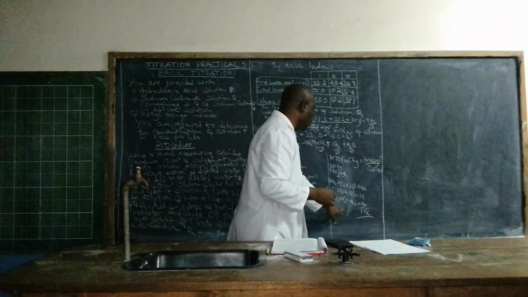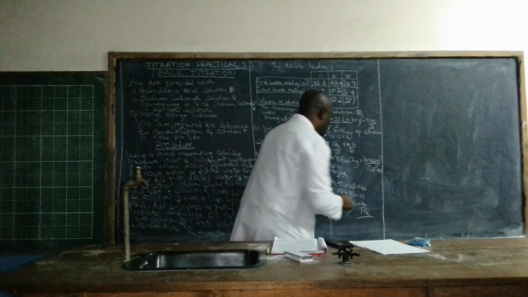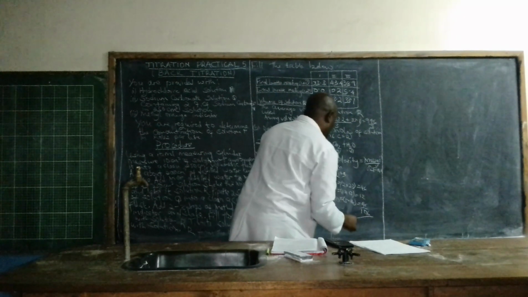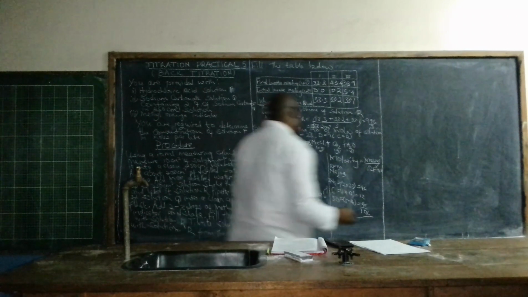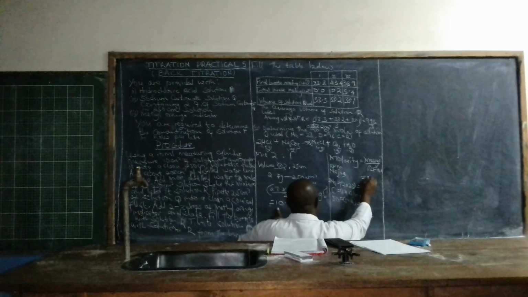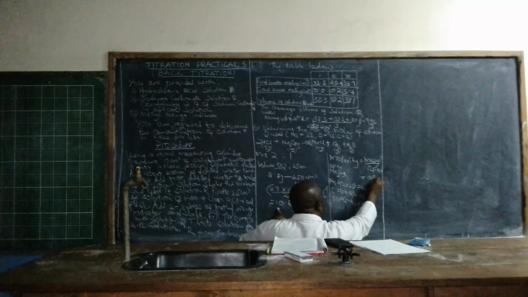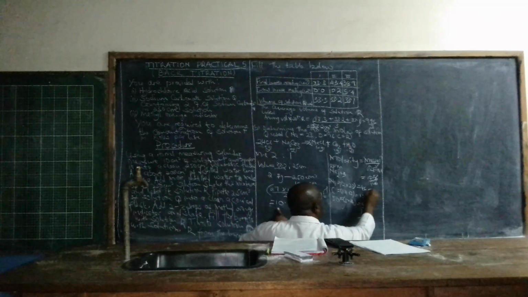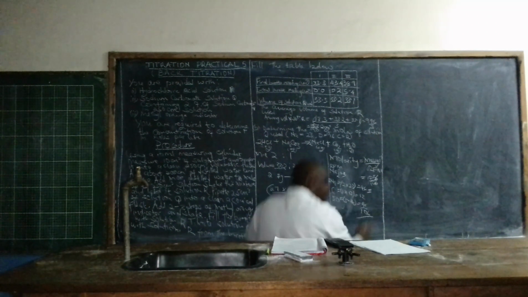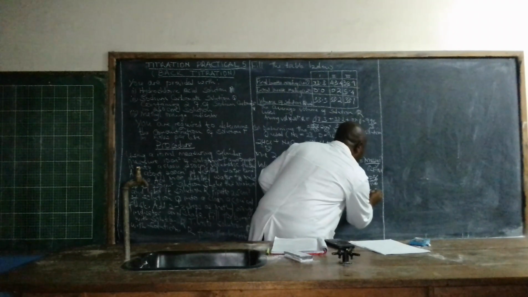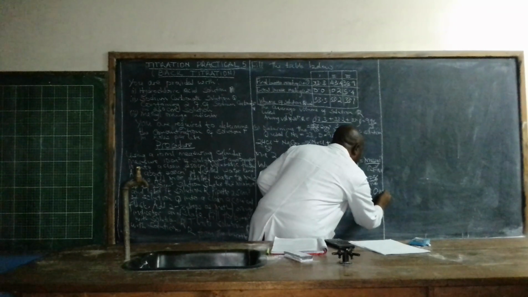So we substitute here the mass in grams per liter, which we have been told is 10.8. 10.8 divided by 106 gives 0.1 molar.